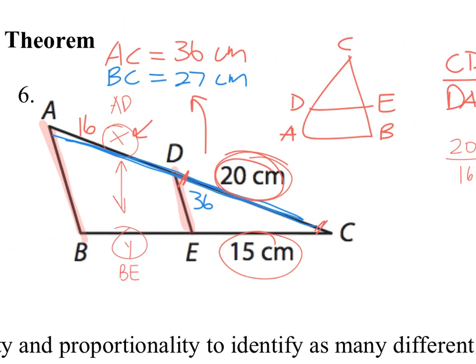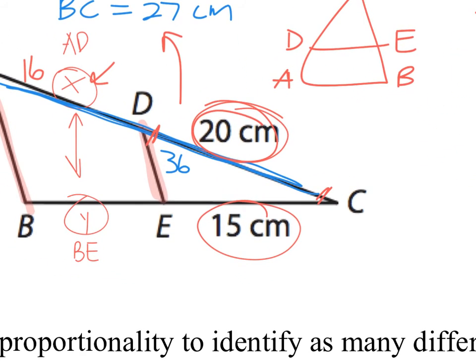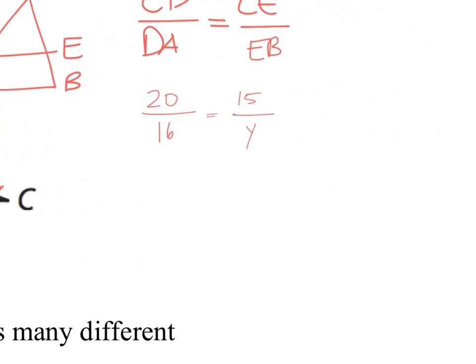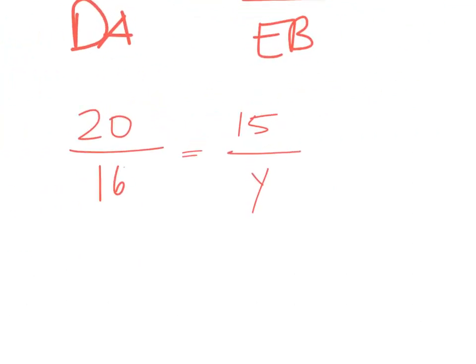And if BC is 27, so that whole distance is 27, and this first part is 15, then the left side is 12 centimeters. So in our proportion, we can replace that with a 12.